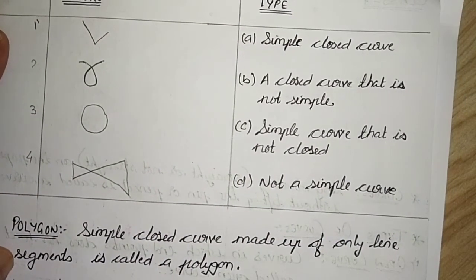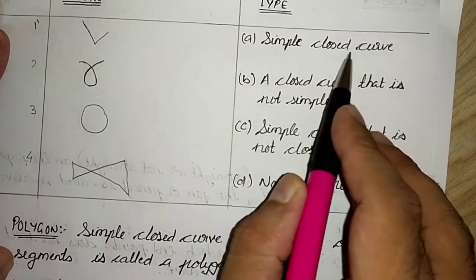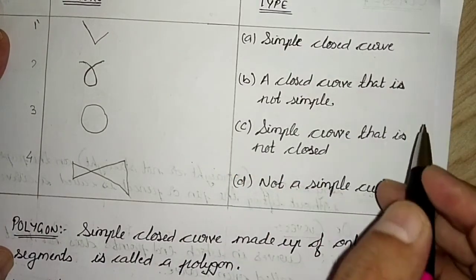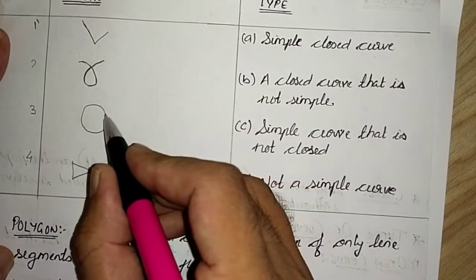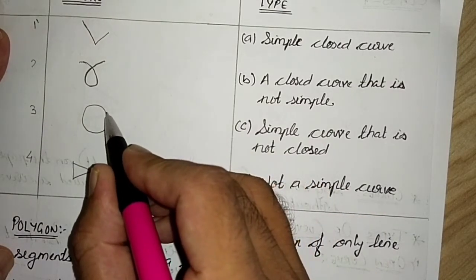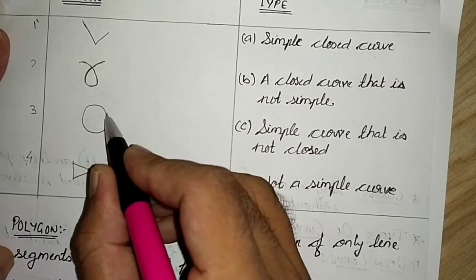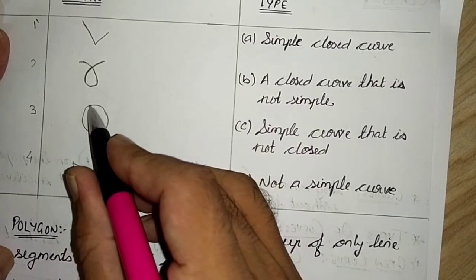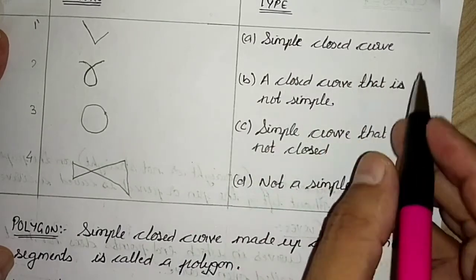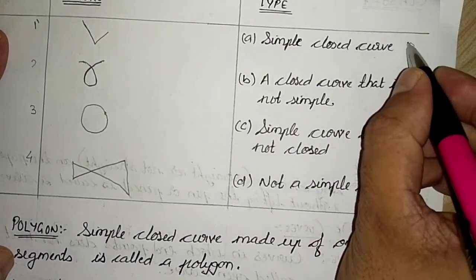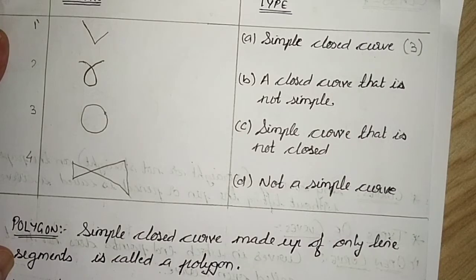They told us simple closed curve, and you know the definition of a simple closed curve. Right, now I have discussed. If in a curve two endpoints meet in a single point, here you can see if I am starting like this, it is meeting in a single point, so it can be said as a simple closed curve. So I will write here as 3.